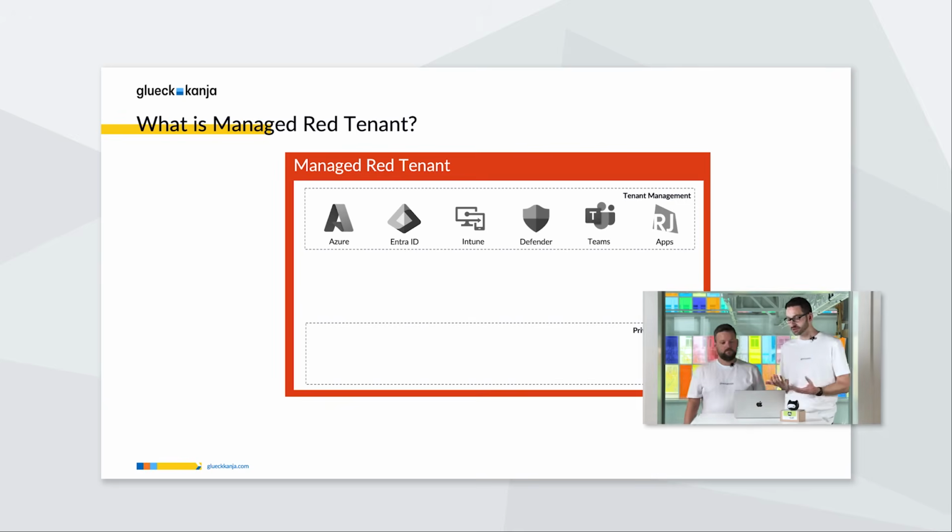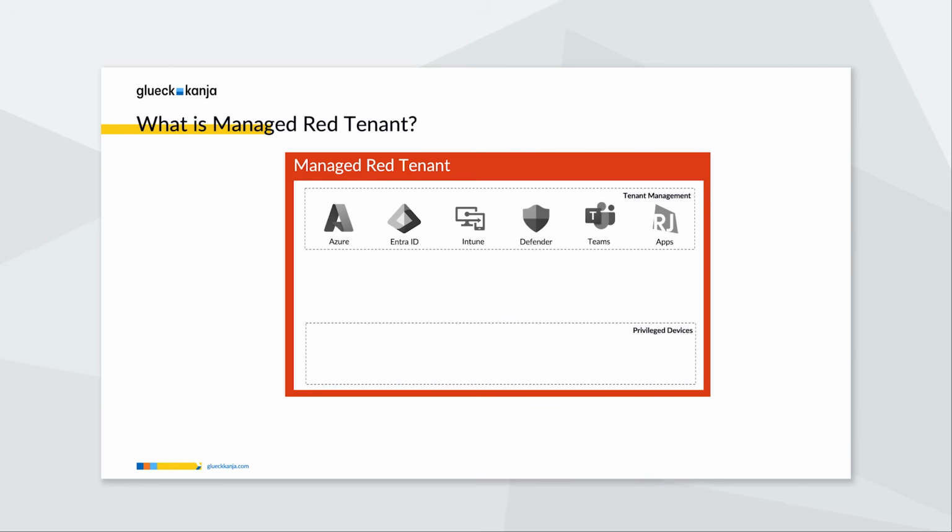Yeah. And what we did with the Managed Red Tenant, as the name says, is we built a completely separated tenant for the customer, which is on a green field. So there's no dependency on brown field, or on any business application that may need specific permissions that may not align with the high security requirements of privileged users. Yeah, and it's easy to integrate because you can just plug it on to your existing environments.